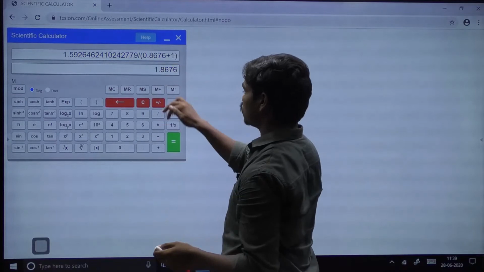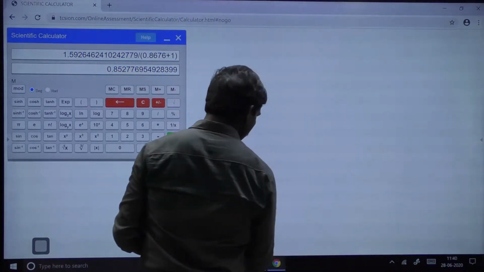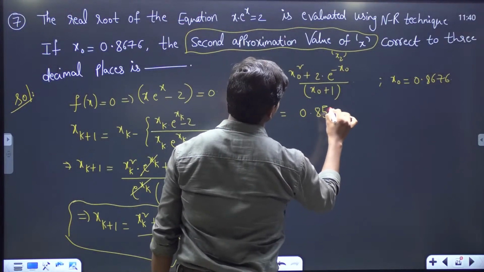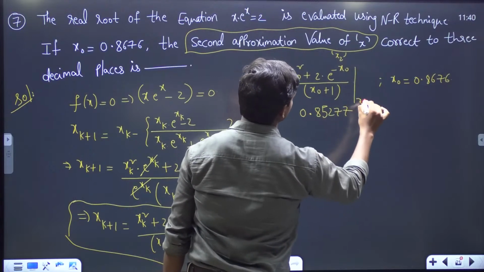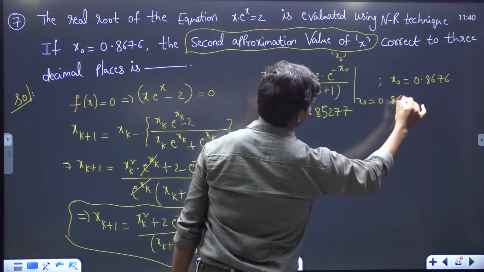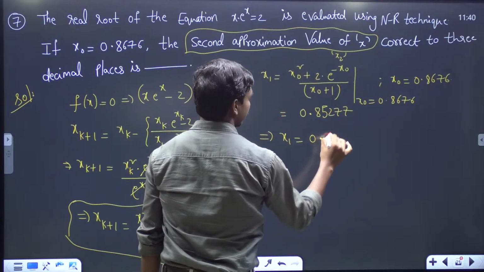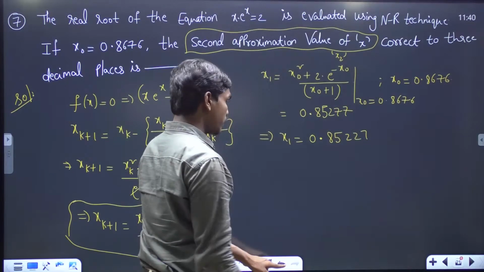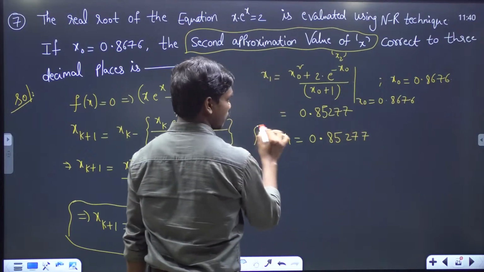If you calculate, the value is 0.85277. So this value of iteration is 0.85277, when x0 is equal to 0.8676. So this x1 is 0.85277.